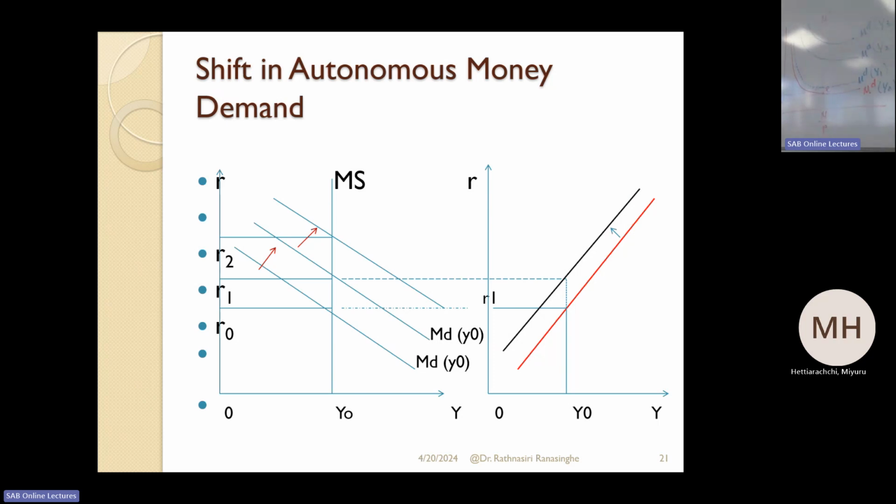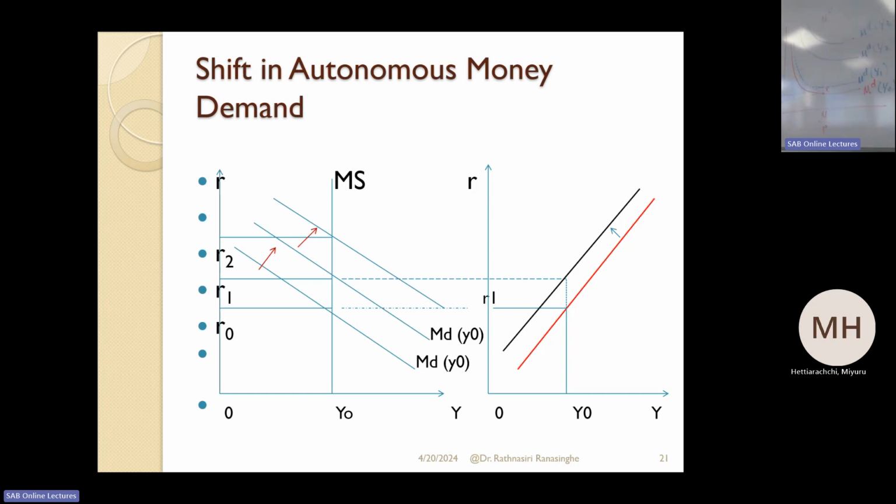At the initial situation, the money market is in equilibrium. R0 is the particular initial interest rate. The money market is in equilibrium at Y0 income level and R0 interest rate. So that is the point we see here.